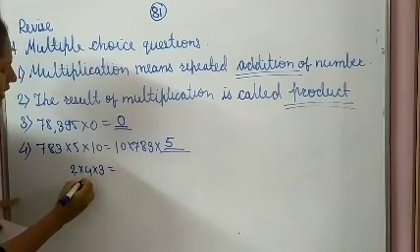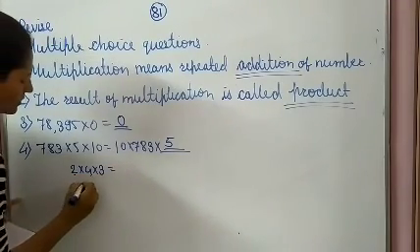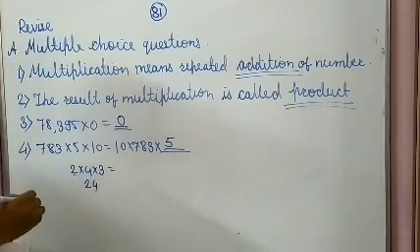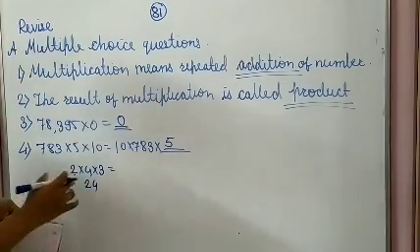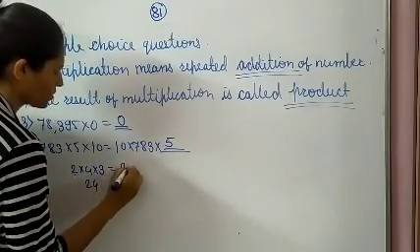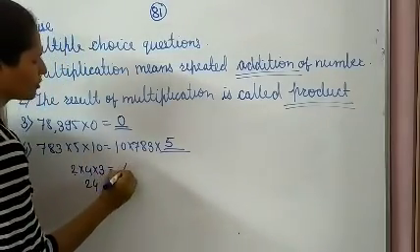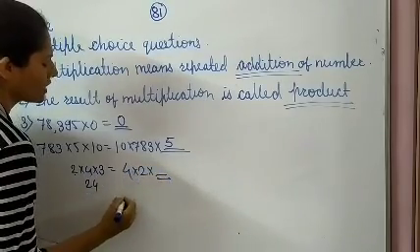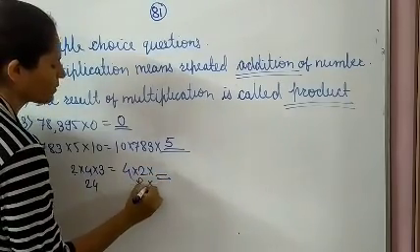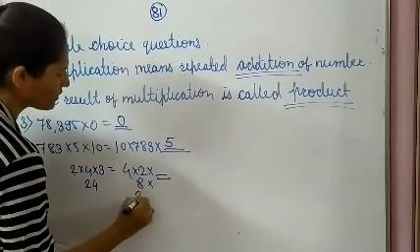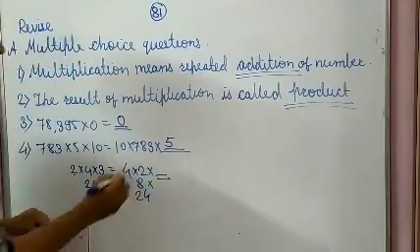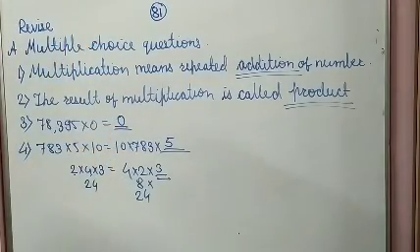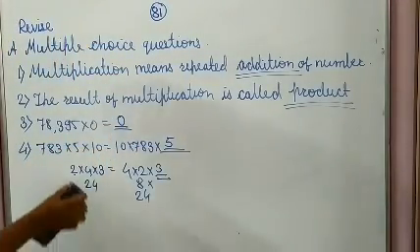So 2 4s are 8. 8 3s are 24. Now suppose we write 4 into 2 into, 4 2s are 8. 8 is there. Then by which number do we multiply so that the answer becomes 24? That is 3. So similarly here also, the answer is 5.